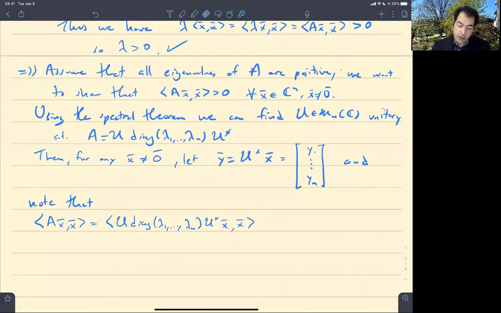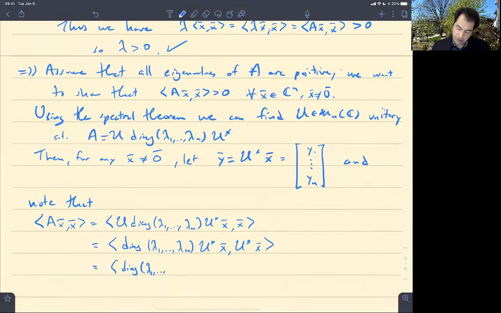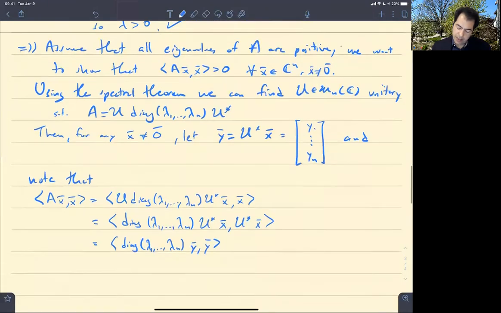I have to pay with an adjoint, with a conjugate transpose. So I end up with the diagonal matrix lambda 1 through lambda n times U star acting on X paired with U star of X. So in terms of Y, I can write this as the diagonal matrix with entries lambda 1 through lambda n applied to Y paired with Y.